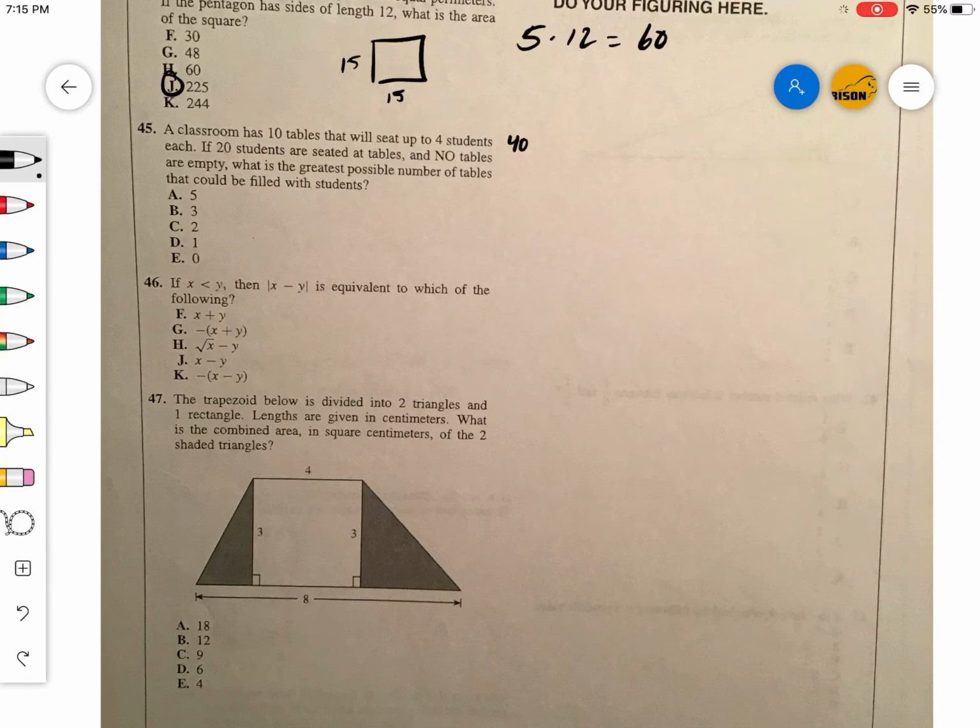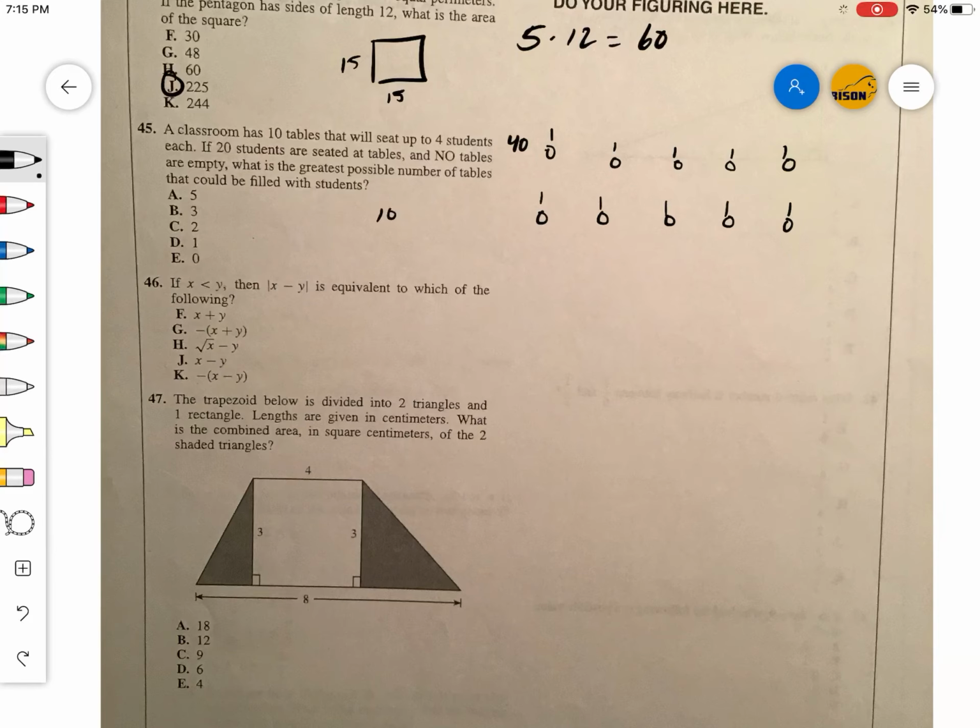Okay, so let's take it out to 10 tables. I've got 1, 2, 3, 4. I should have made them round tables. Let me start over. 1, 2, 3, 4, 5, 6, 7, 8, 9, 10. Every table has 1 person at least.